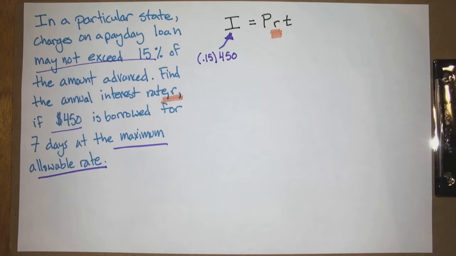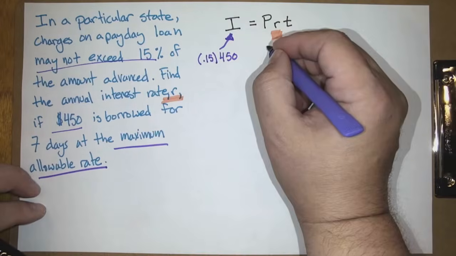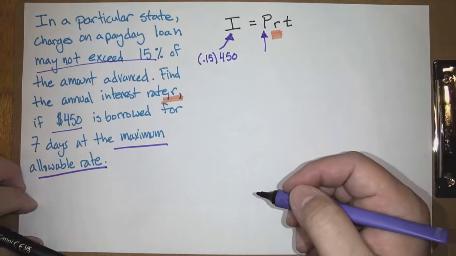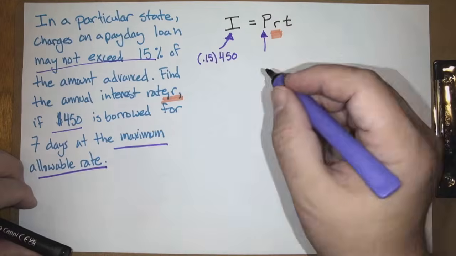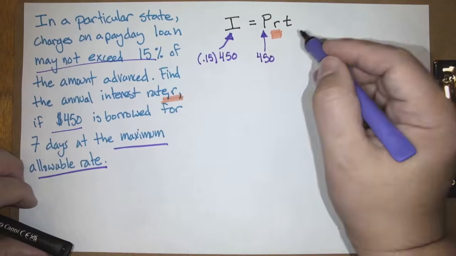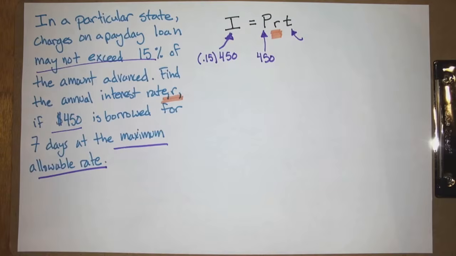All right. Well, let's just move across. P. What is P? It's the principal, present value. It's the amount borrowed, 450. What is T? T is for time. We measure time in terms of years. We were told 7 days.